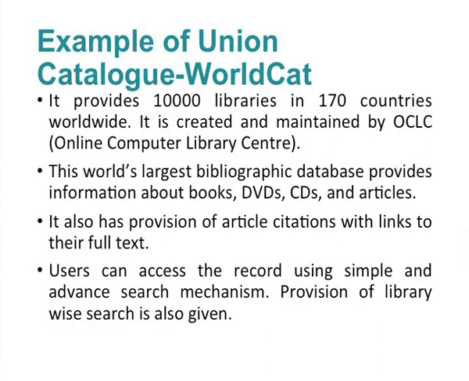So, the user can search WorldCat not just for books, CDs and DVDs, but can also use it for citations, like when they have to cite a certain document in their research work. They can take the help of a union catalog for citing the document, and full text links are also given.